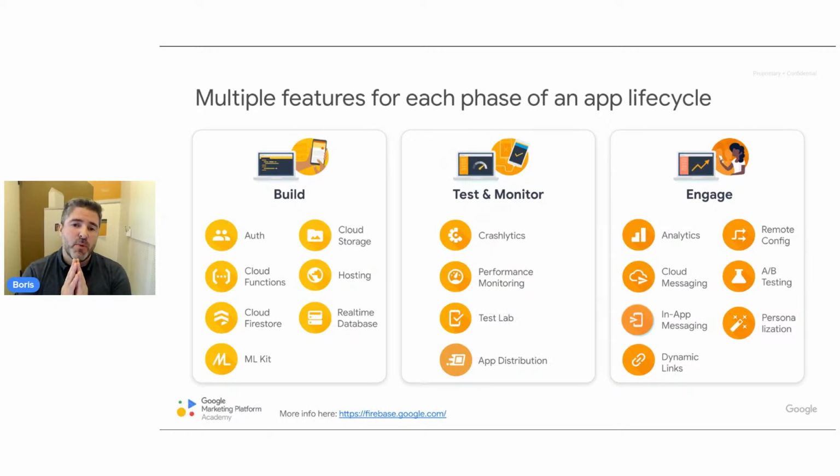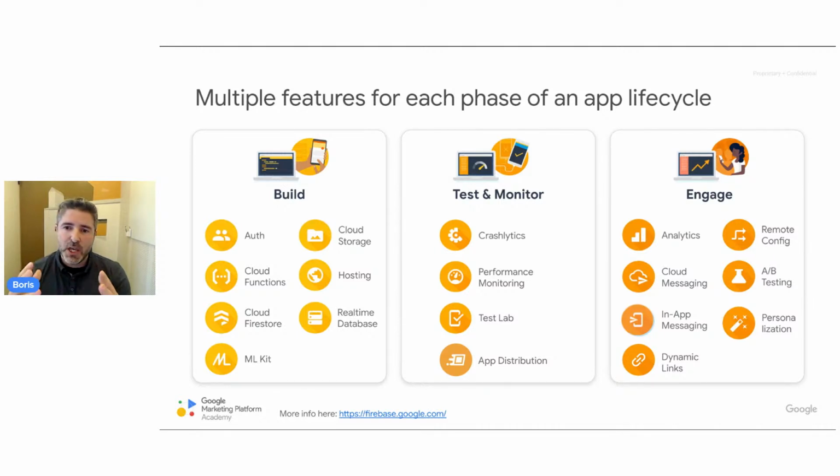Let's look at Firebase more broadly. Firebase is Google's app development platform that contains multiple features under one umbrella. The goal is to help app developers to build and maintain better apps. We usually break the features into 3 main buckets. A, it's the build bucket, which helps to build a better app.